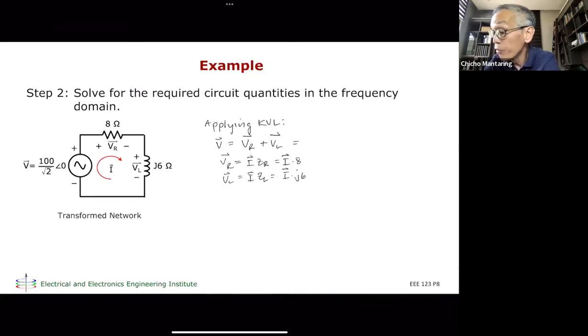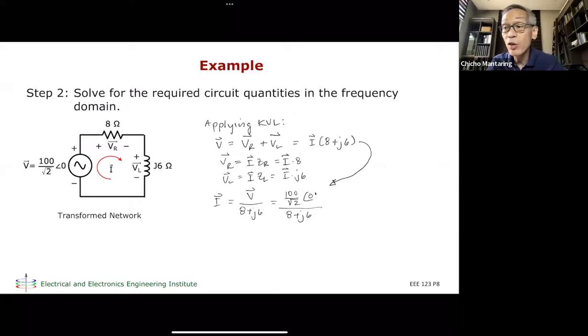So V is simply I multiplied by 8 plus j6. So I can solve for I. I is now going to be V over 8 plus j6.